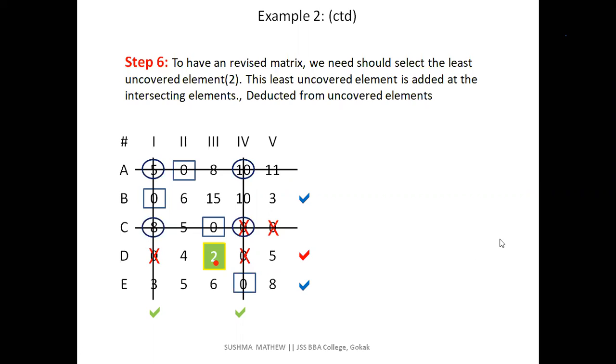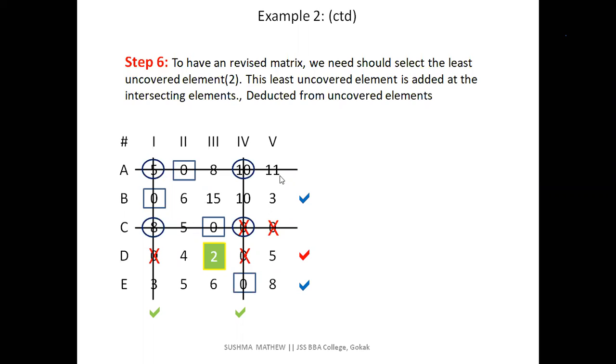So when we do that, the revised matrix or the new cost matrix will be, can anybody tell me what it would be? Five plus 2, it will be 7. 0 as it is, I'm not doing anything. 8, I'm keeping as it is, I'm not touching it. 10 plus 2 because it's a point of intersection. 10 plus 2 is 12.